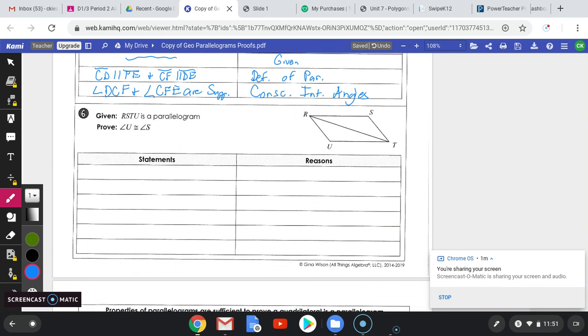Let's look at number 6. It says figure RSTU is a parallelogram. Let's prove that angle U is congruent to angle S. Because this is a parallelogram, what does that mean? That means RS is parallel to UT, and RU is parallel to ST, because that's the definition of parallelogram.